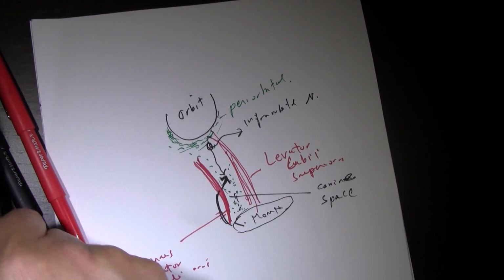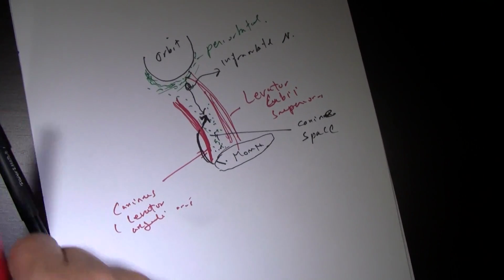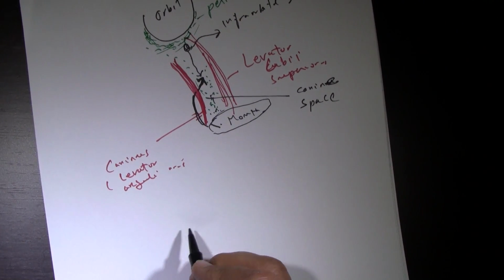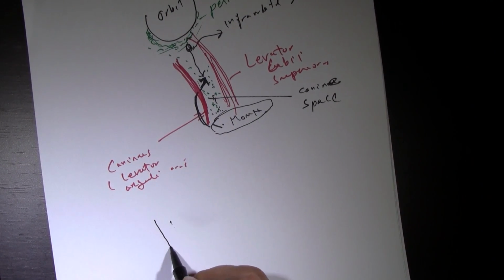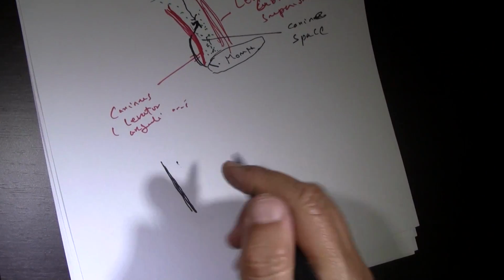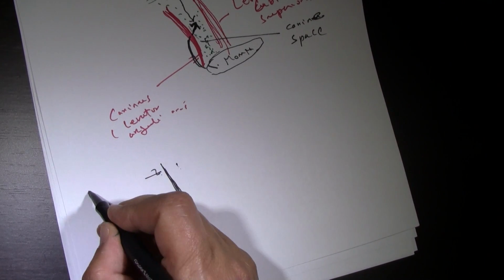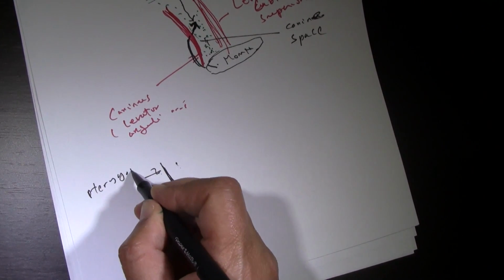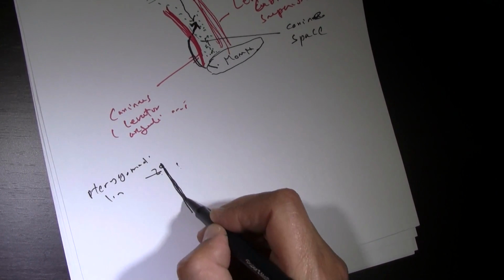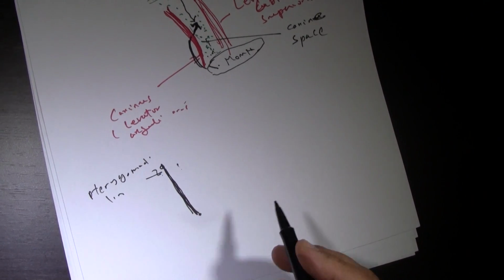How about the buccal space? If you remember, you have the pterygomandibular ligament, which extends from the pterygoid hamulus to the posterior end of the mylohyoid line.